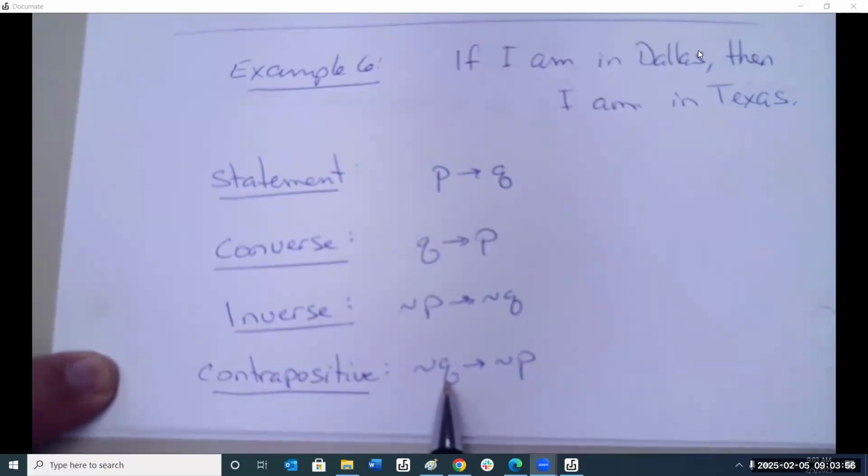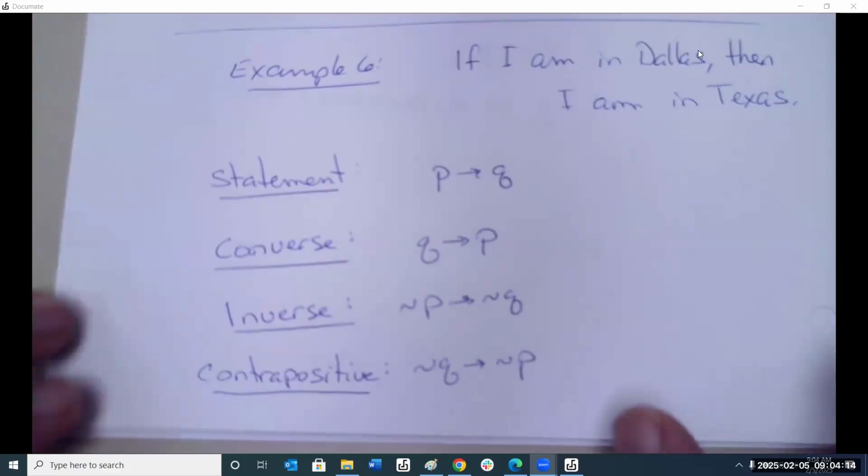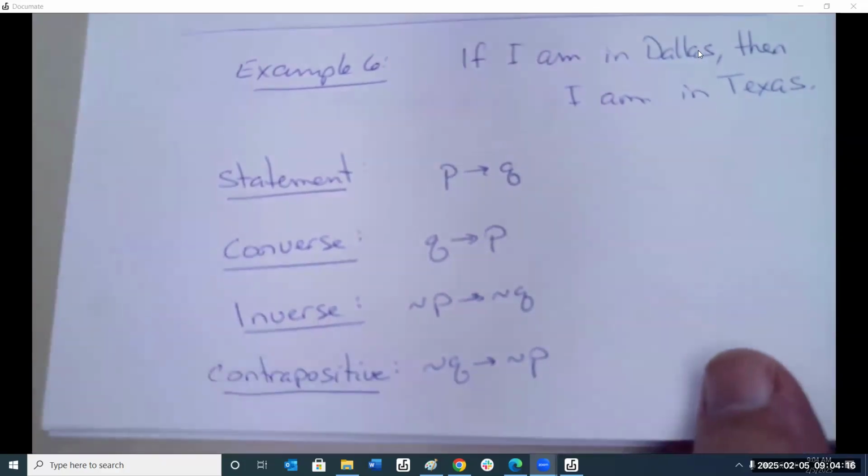Yeah, so not Q, then not P. So if I'm not in Texas, then I'm not in Dallas. Make sense a little bit? I'm not gonna lie, it seems easy, but you can always make very, very small errors that'll go a long way.